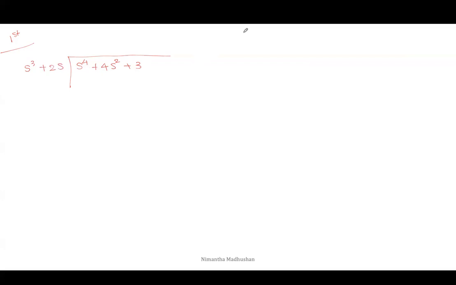Here you can see the degree of the numerator is greater than the degree of the denominator. If I divide this numerator by the denominator, we can obtain s to the power 4 plus 2s squared, leaving 2s squared plus 3.